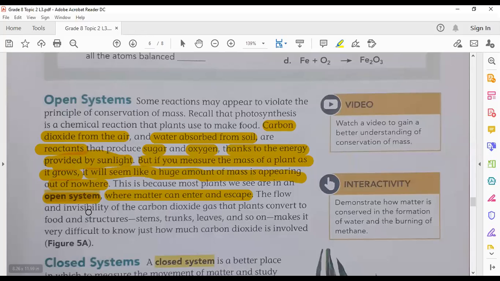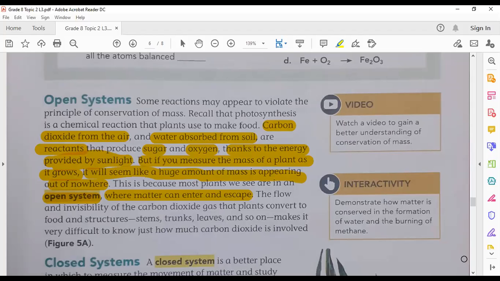The flow and invisibility of carbon dioxide in photosynthesis, which plants convert to food and structures like stems, trunks, and leaves, make it very difficult to know just how much carbon dioxide is involved. It's very difficult to calculate because it's an open system.